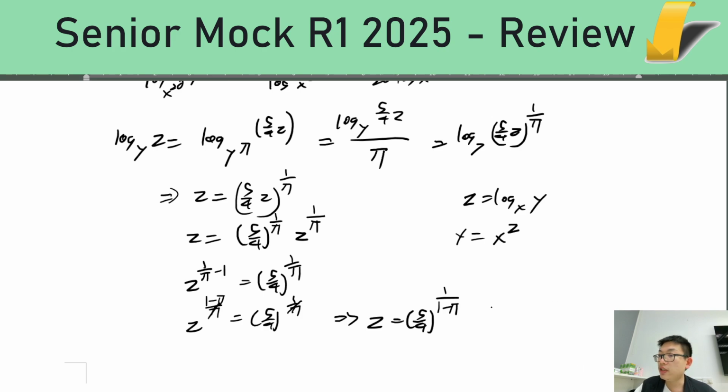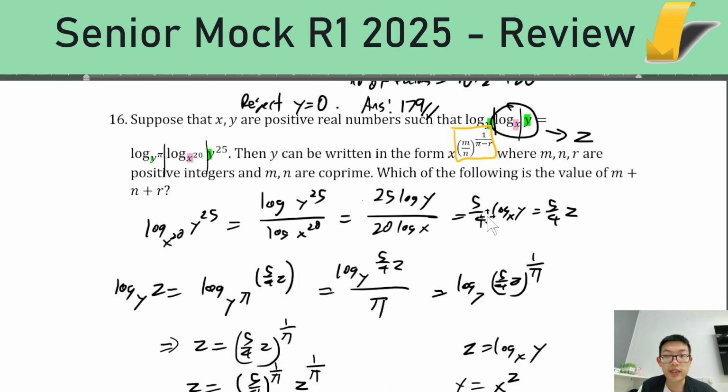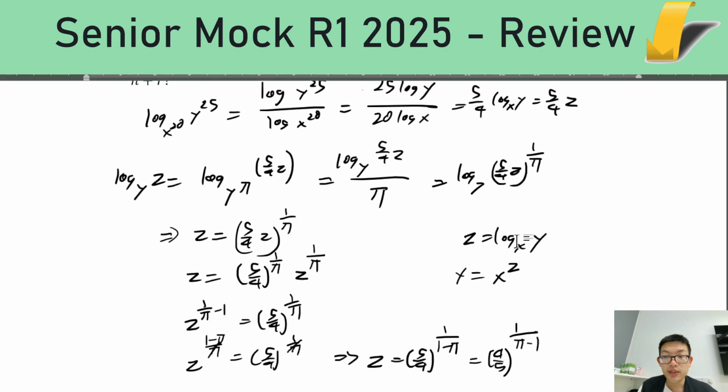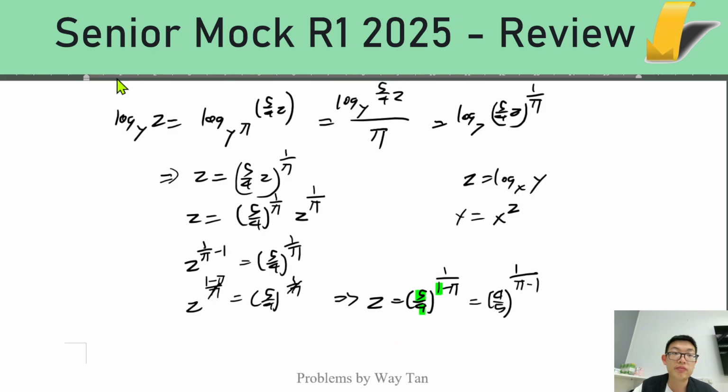Which technically, of course, you have to flip it around, but in order to get it to look like this exact form, nonetheless, yeah, I mean, the values that you want are already 4, 5, and 1. That's your M, N, and R.